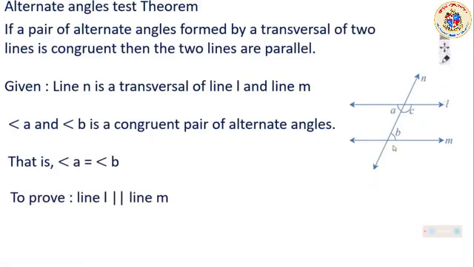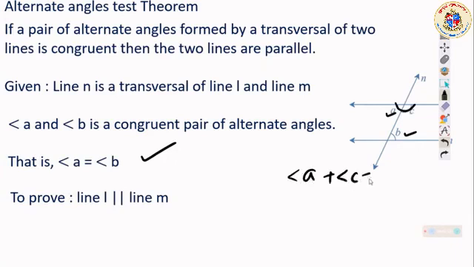For that, we have certain things over here. These are given as equal, correct? And this angle is a linear pair. That means angle A plus angle C is equal to 180. Angle A is equal to angle B is given.